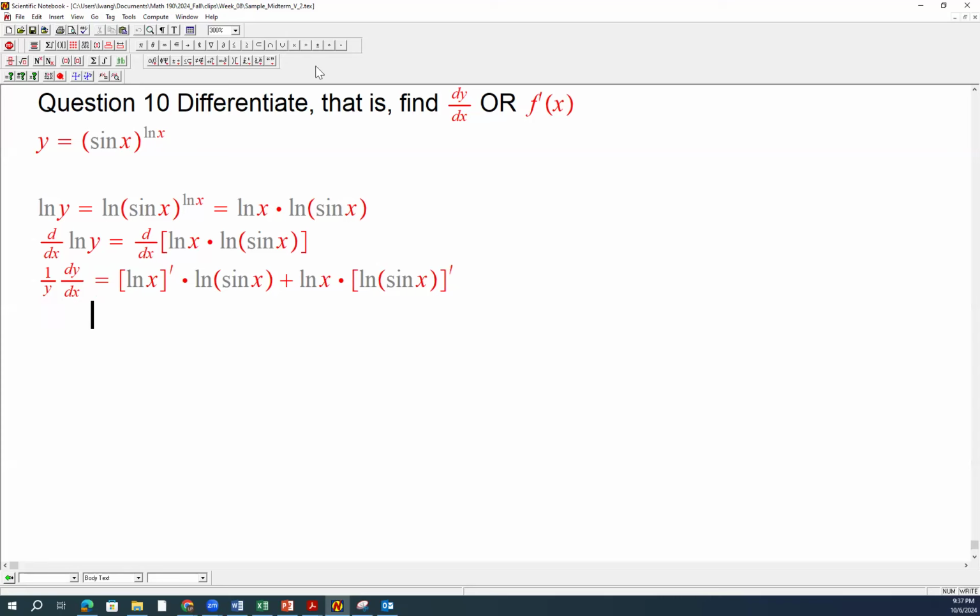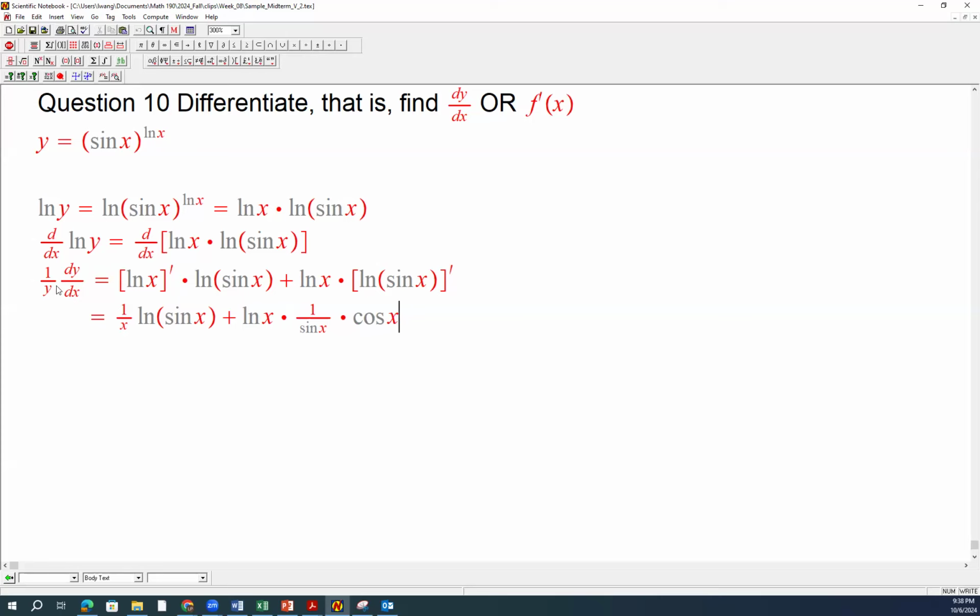The derivative of ln x is 1 over x, and of course, that multiplies ln of sine x. Plus, we keep the ln x, and differentiating this piece is going to be the chain rule. It's going to be 1 over sine x, and then you differentiate sine x, so it is going to be cosine x.